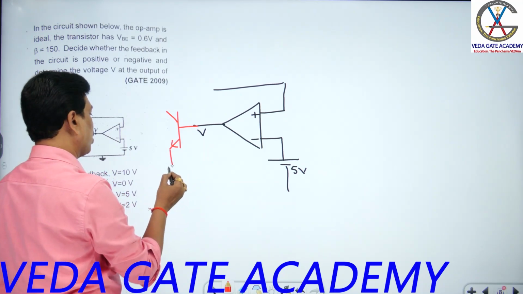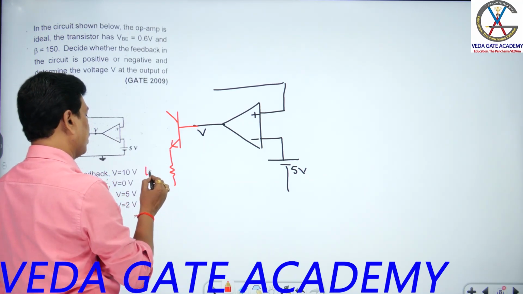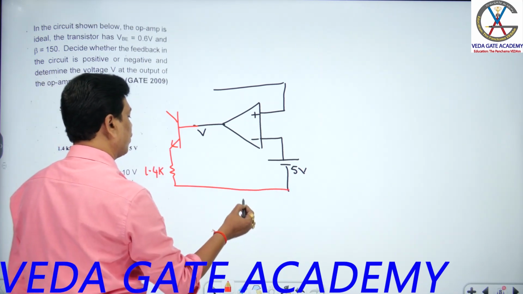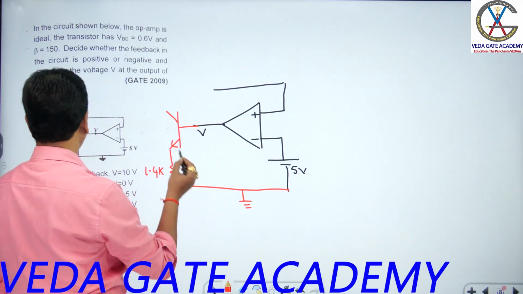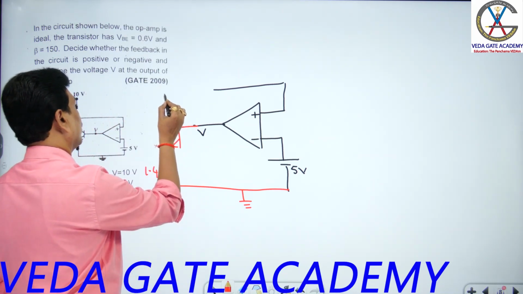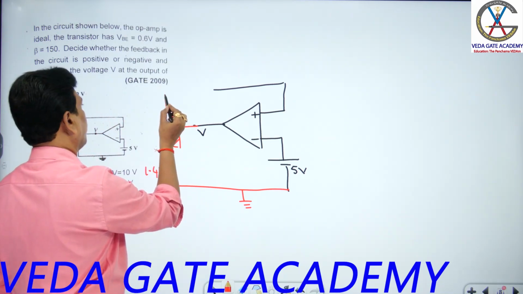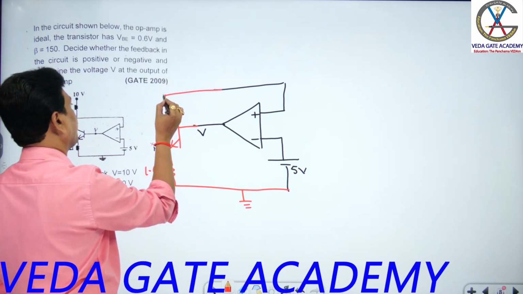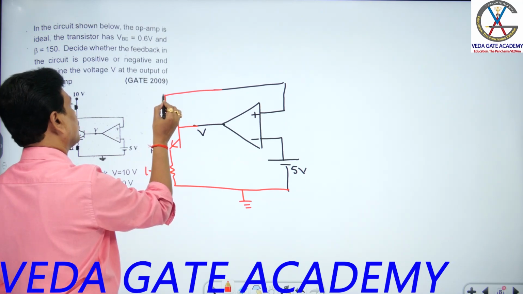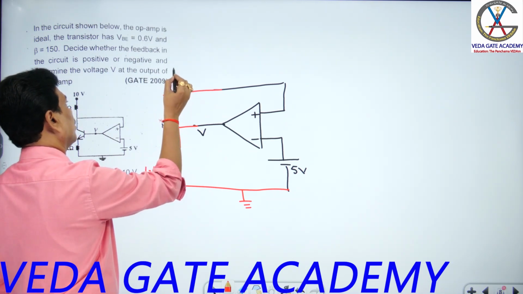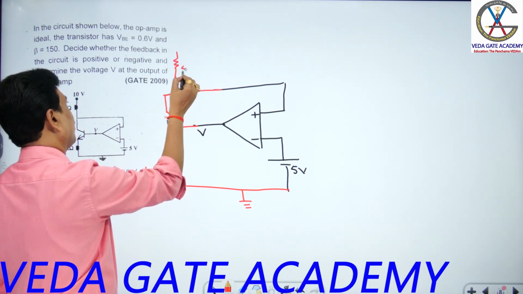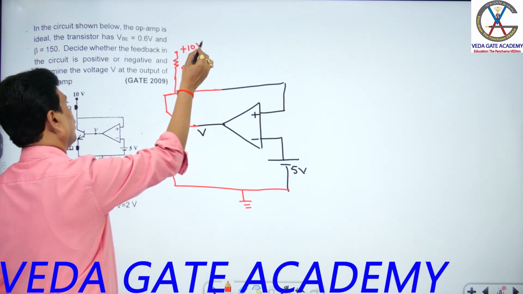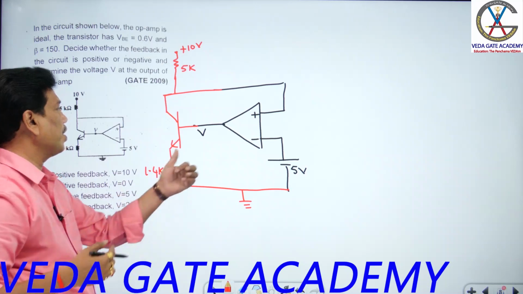Here a 1.4 kilo ohm resistance is there. This is the ground. And this is connected to 5K and 10 volt. So this is the circuit indicated.